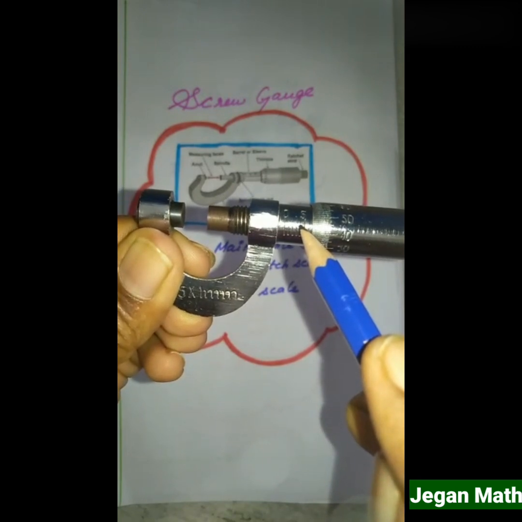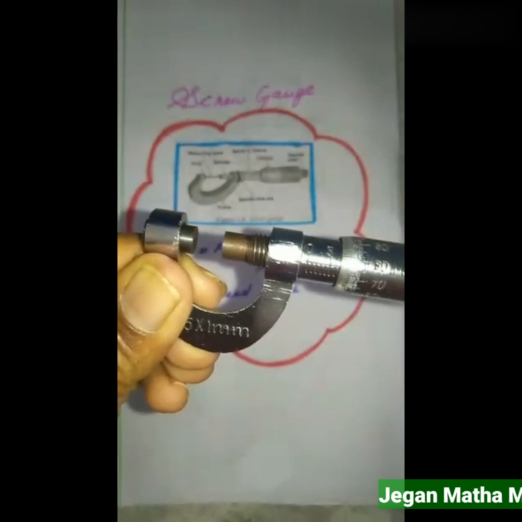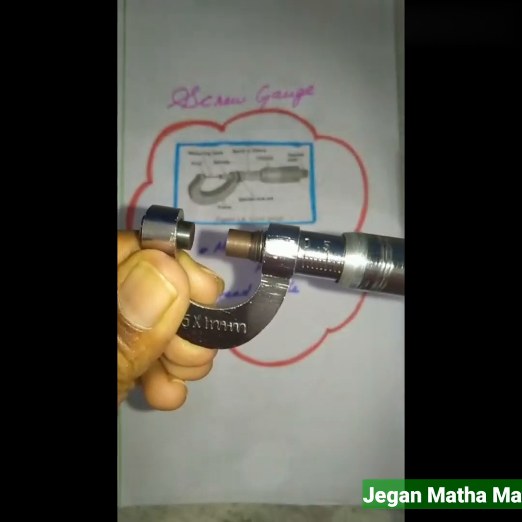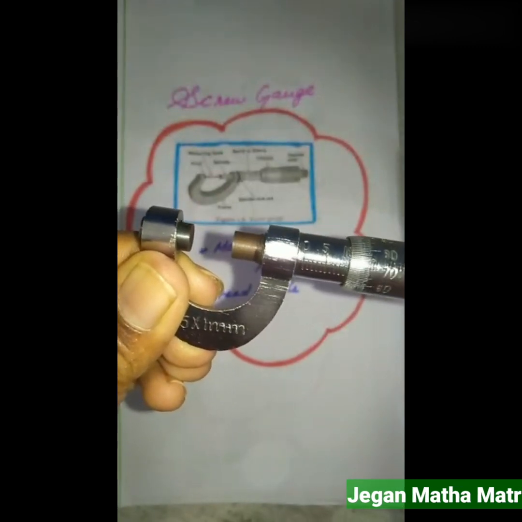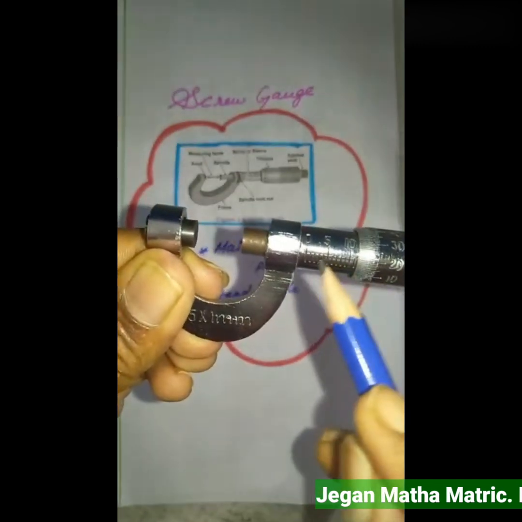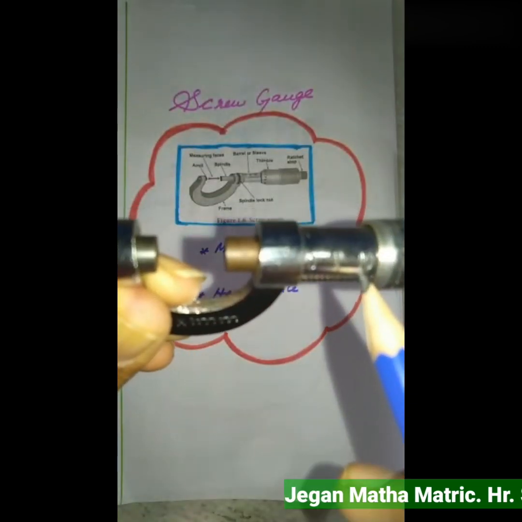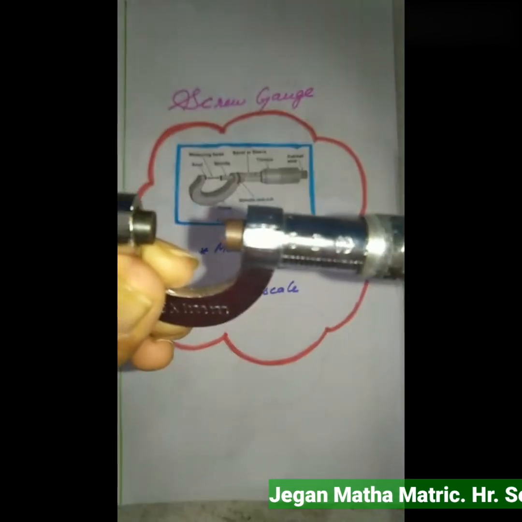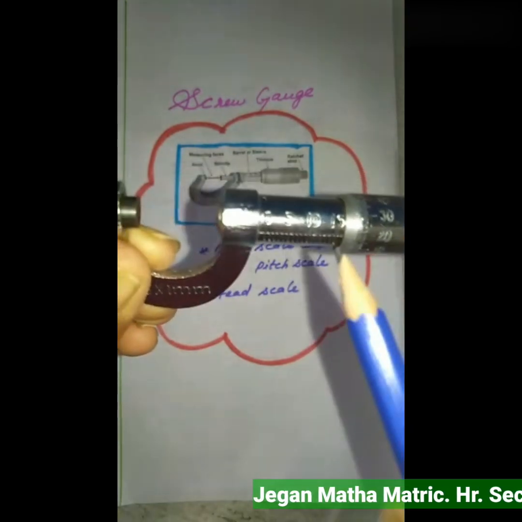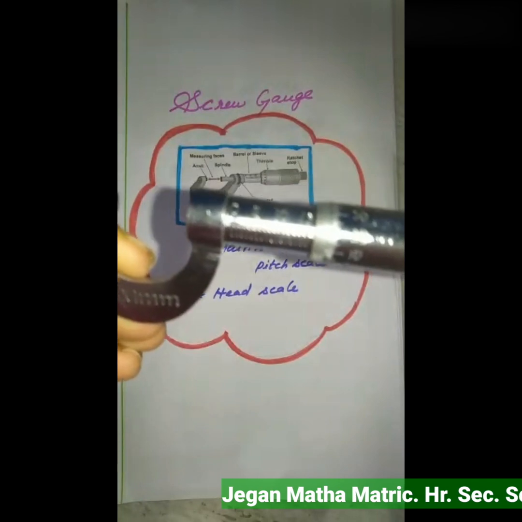It is graduated in millimeters. So, in the main scale the division value is 1 millimeter.